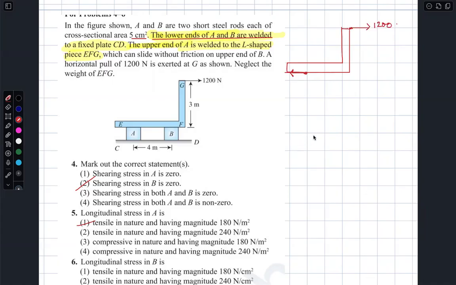And not only that, at this point, A will exert some normal reaction force also because it's about to be a turning effect. So this is the actual longitudinal, okay, right. So this is the picture what you need to know.